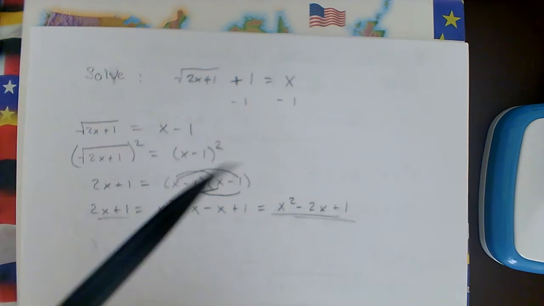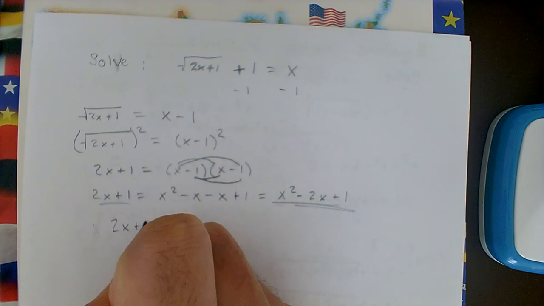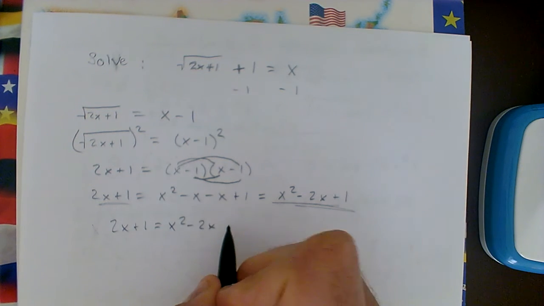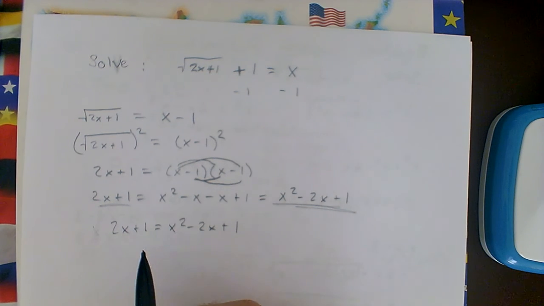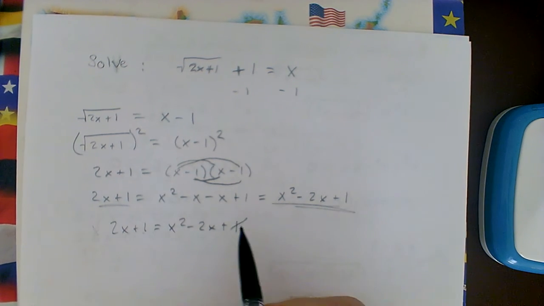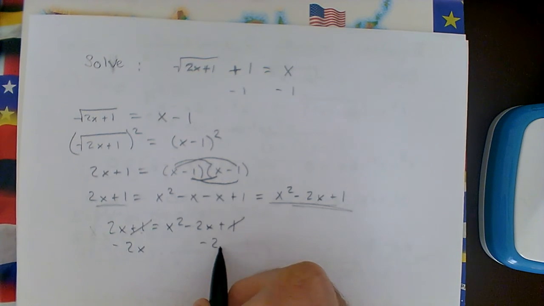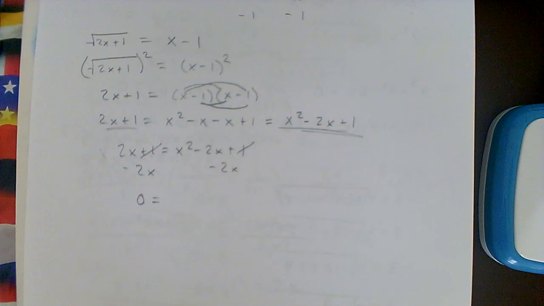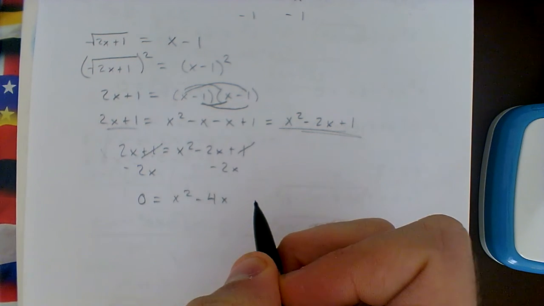So we have 2x plus 1 equals x squared minus 2x plus 1. I'm going to subtract 1 from both sides, so these cancel off, and 2x from both sides. So now we have 0 on the left-hand side, and x squared minus 4x, and that's it.